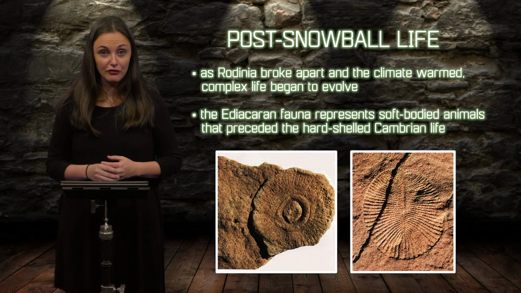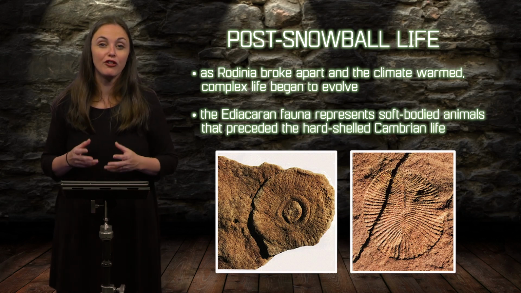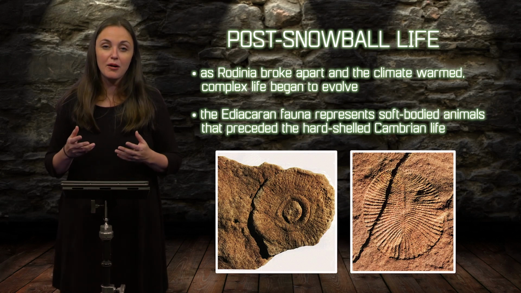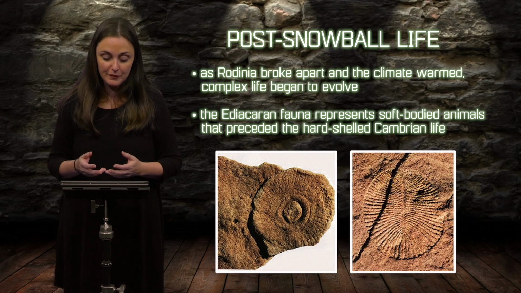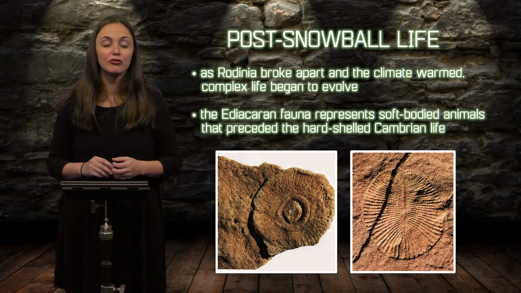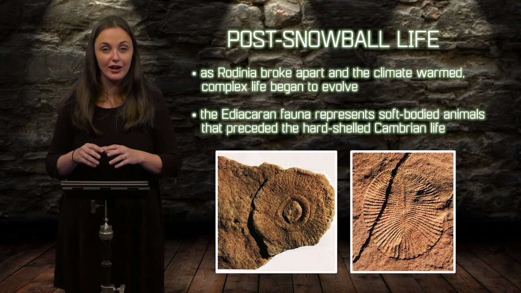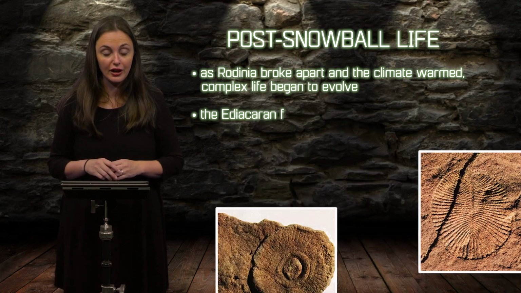So the Ediacaran fauna is mainly going to be soft-bodied organisms, and soft-bodied organisms don't fossilize very well. They are going to be very difficult to find good fossils of. But the reason why we call these the Ediacaran fossils is because there were really great deposits and great fossilization of this type of organism in the hills of southern Australia.